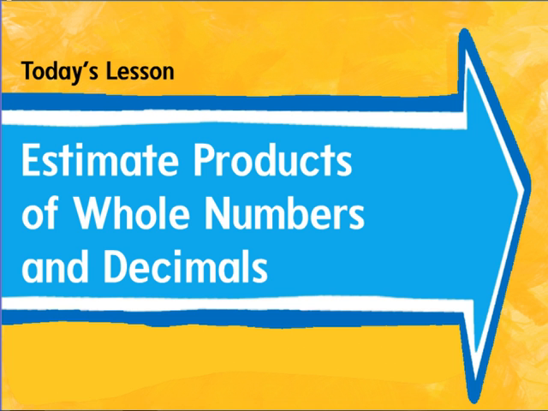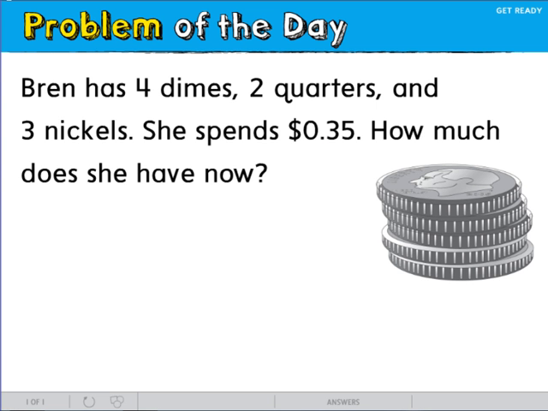Okay? Where if we round, we'll probably round to the nearest one because it's a decimal. And then we'll multiply 2 digit by 2 digit, or 1 digit by 1 digit, or 2 digit by 1 digit, just like we've done in the past with whole numbers. So, problem of the day.